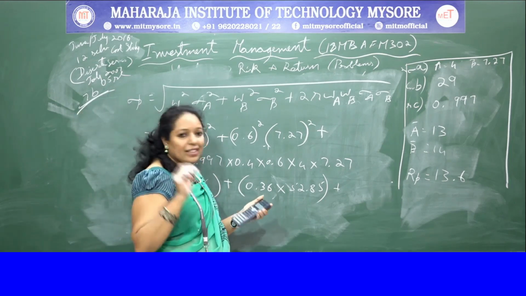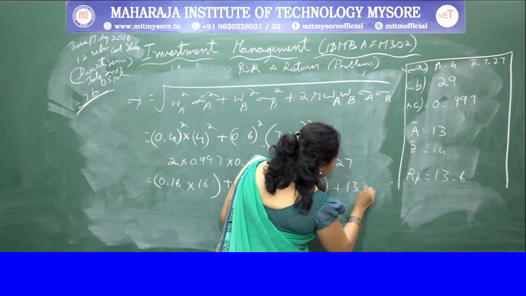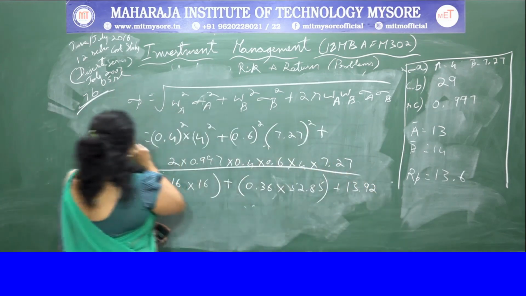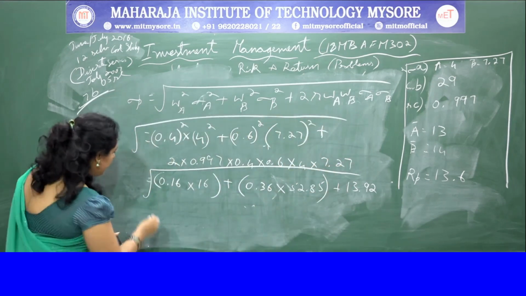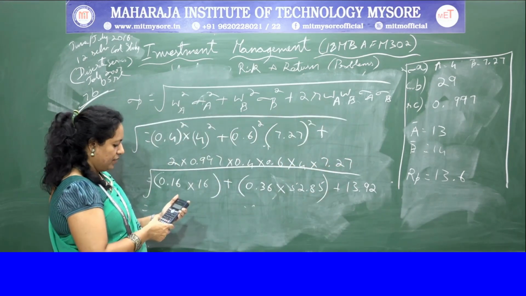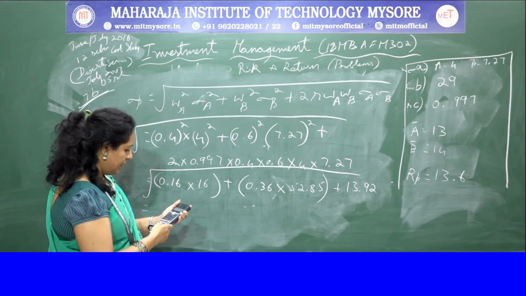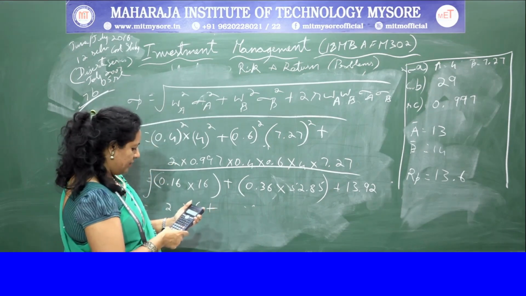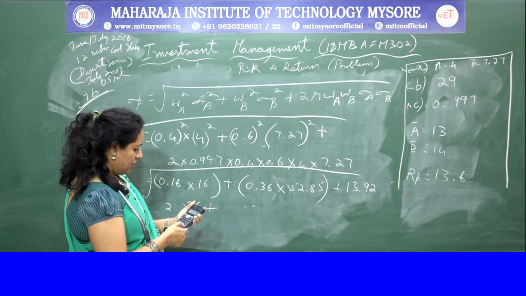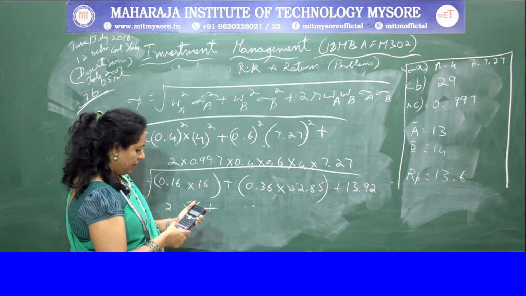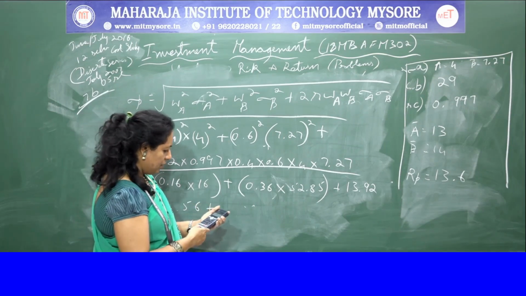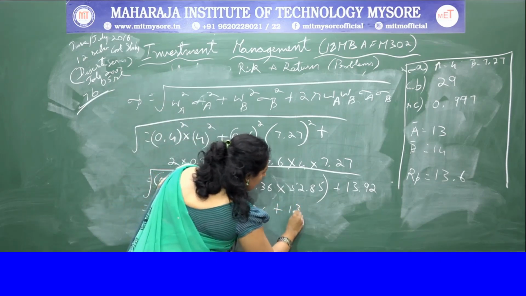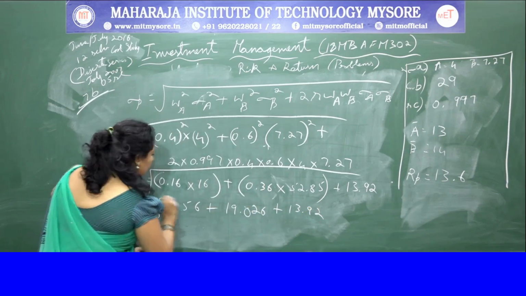We get 13.92. So root of this. If you have to simplify, 0.16 into 16 you get 2.56, then 0.36 into 52.85 you get 19.026, plus 13.92, the root of this.